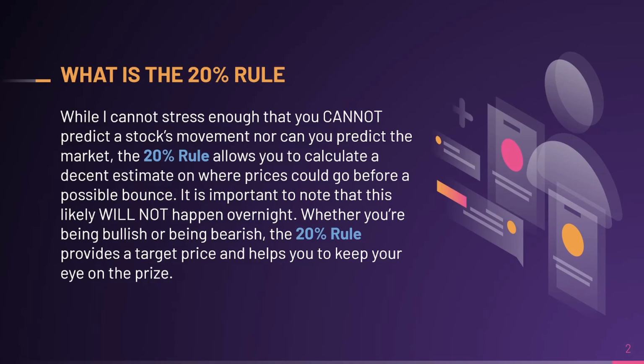Whether you're being bullish or being bearish, the 20% rule provides a target price and helps to keep your eye on the price. Okay? In this particular instance, target price could mean either a price kung saan kayo pwedeng mag-abang or a price wherein you might decide na gusto nyo nang magbenta.